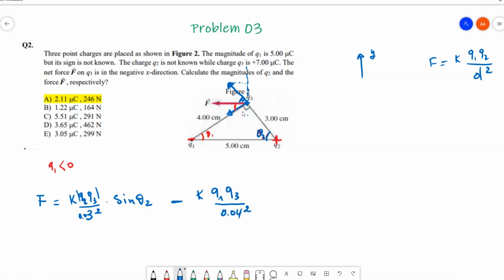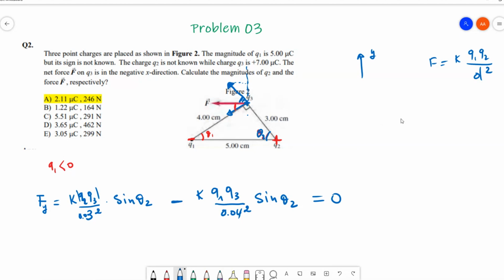And here it's also sine of θ2. And all this amplitude is equal to 0, because as you see, F has an amplitude only along the x direction. So this one, which is the amplitude along the y direction, is 0. Great.